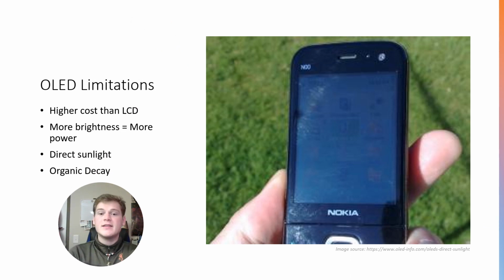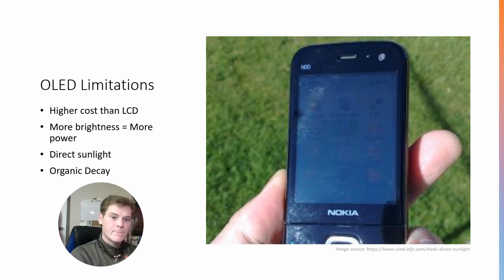Now, organic LEDs, while they do have their benefits, certainly aren't without their flaws. One limitation is that they cost a bit more to produce than their competitor, the LCD, the liquid crystal display.